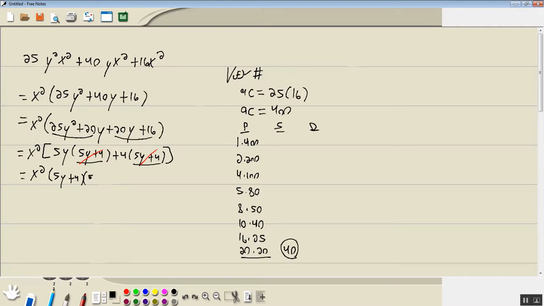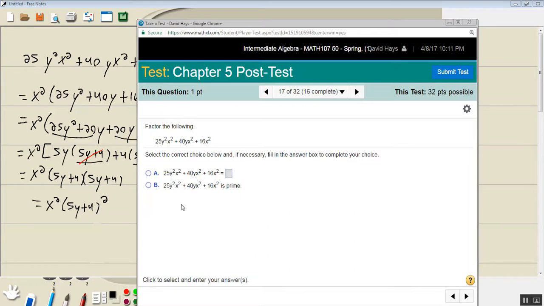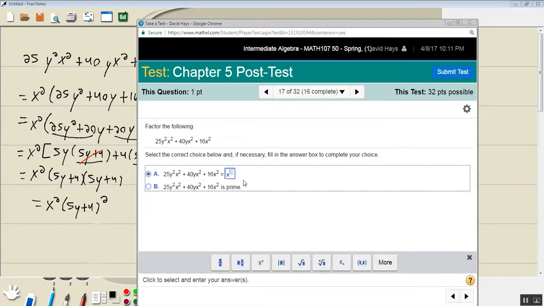What isn't crossed out is what goes here, which is also a 5y plus 4. So this is going to be x squared times 5y plus 4 squared.